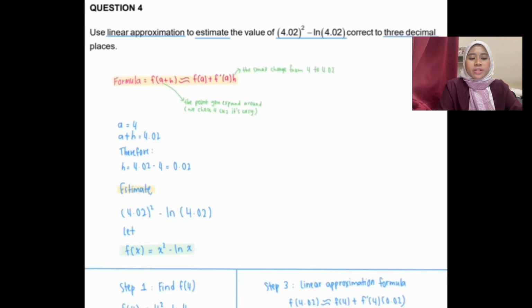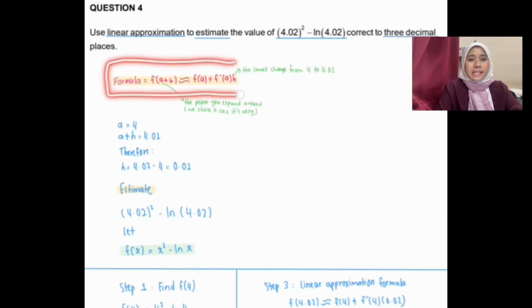Lastly, question 4. The question is, use linear approximation to estimate the value of 4.02 squared minus ln 4.02, correct to 3 decimal places. This is the formula of linear approximation, which is f(a plus h) approximately equals f(a) plus f prime(a) times h.